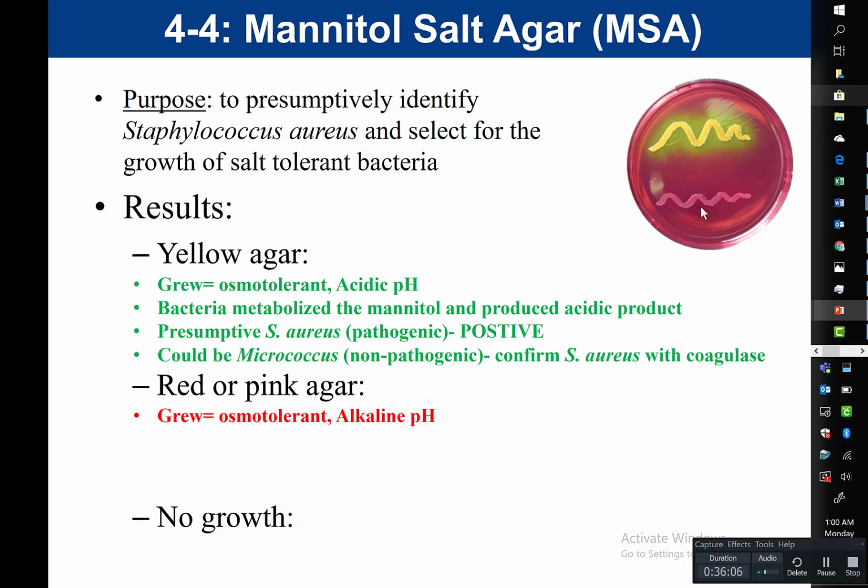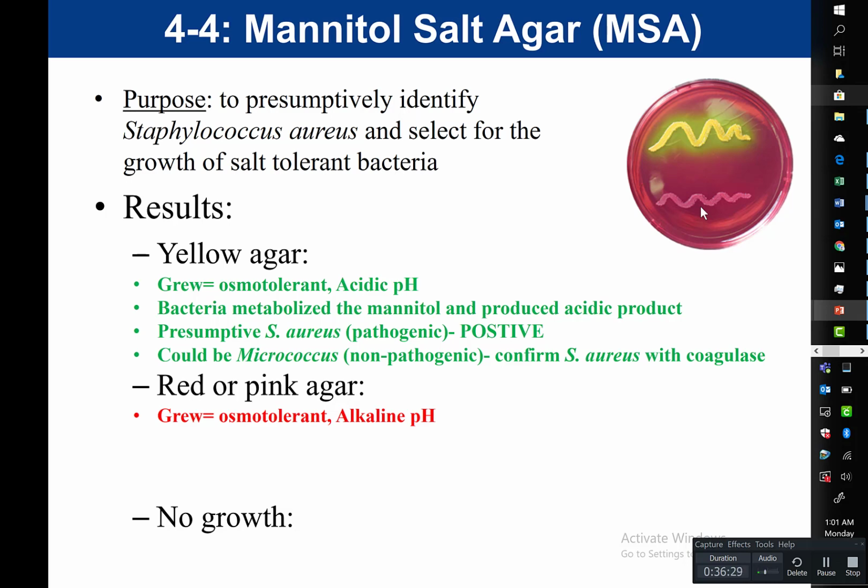If it produced an alkaline pH, did the bacteria metabolize the sugar? And the answer is no, because if it used the sugar, it's going to produce acidic products. This pH is alkaline. So it didn't use the sugar, so what would you guess it uses as its food source? So if it doesn't use sugar, what's its backup?